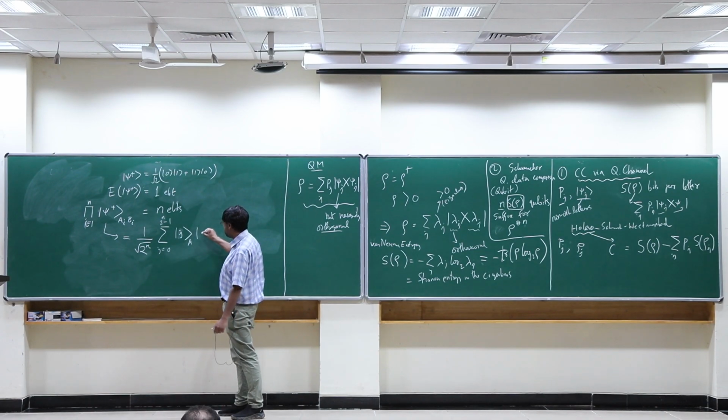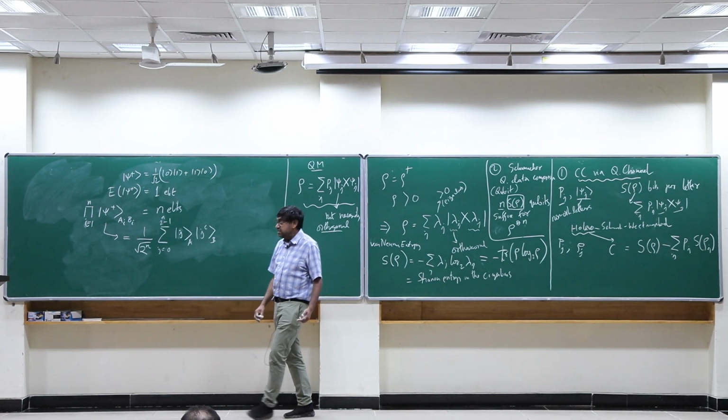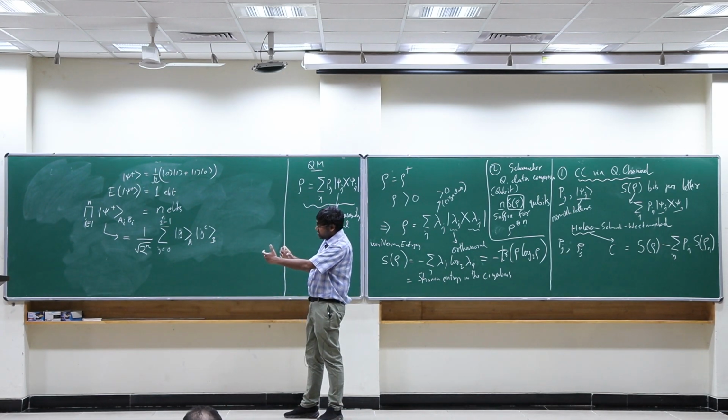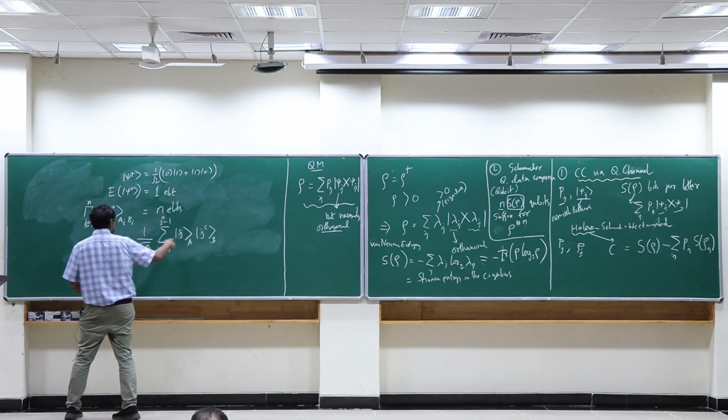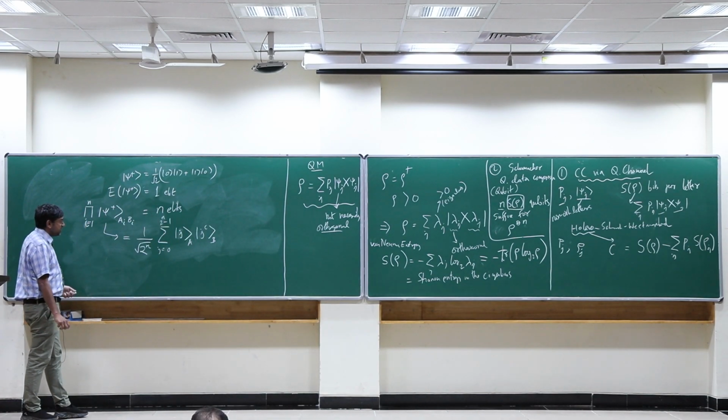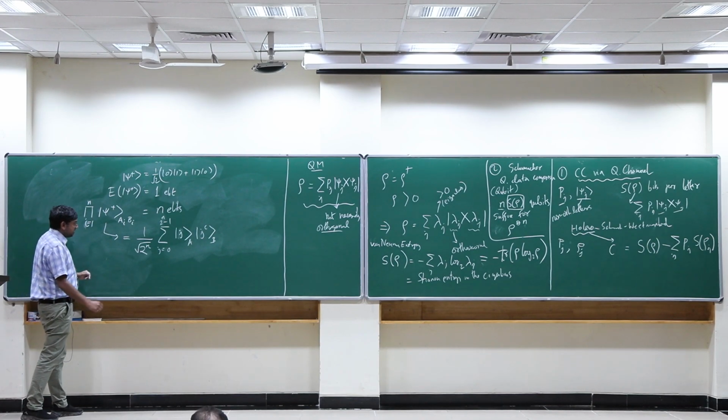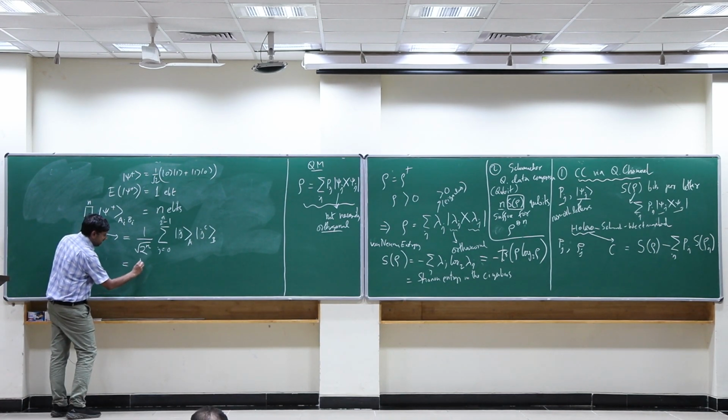Whenever it's 0 there's a 1, so we can write j complement on the other side. So it's all zeros on A's side and all ones on B's side, then a single one flips. It's a trivial rewriting.